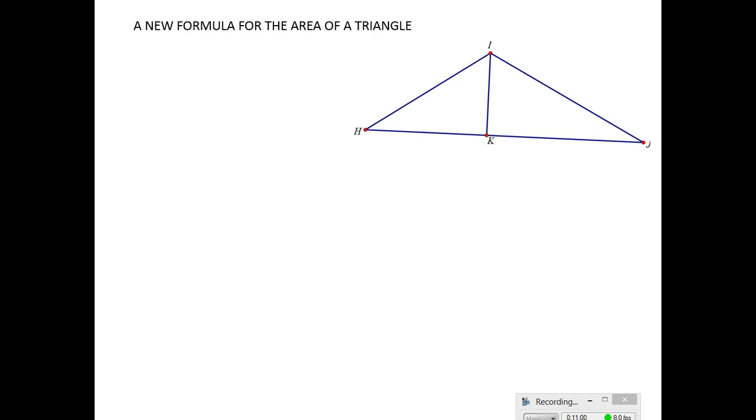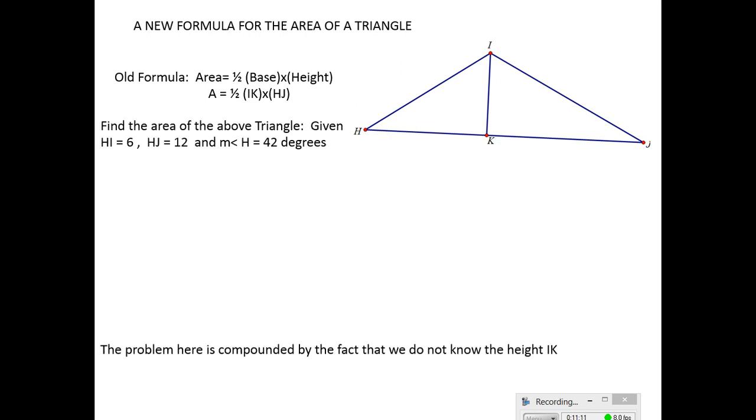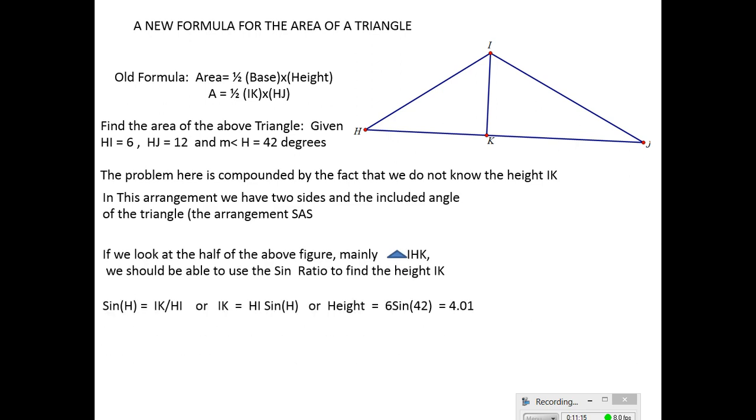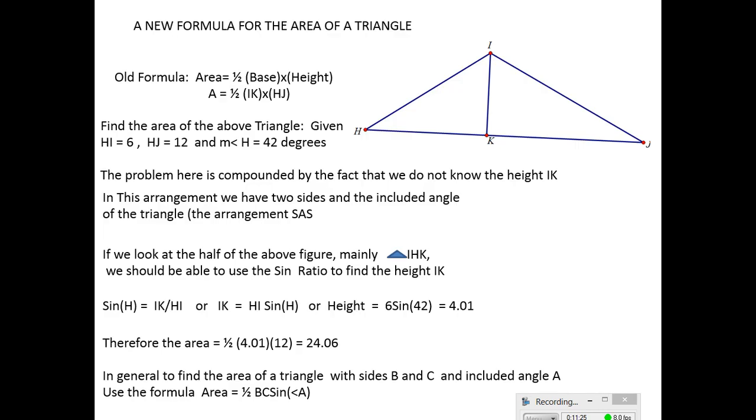We recently saw in class the new formula for the area of a triangle. Once you have the angle value and 2 sides, the area is 1/2 the product of the 2 sides and the sine of the angle in between them. That's what we're showing you here.